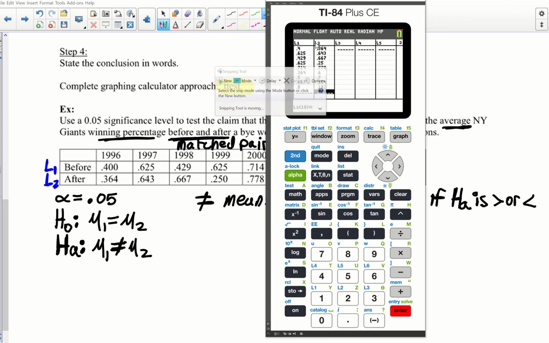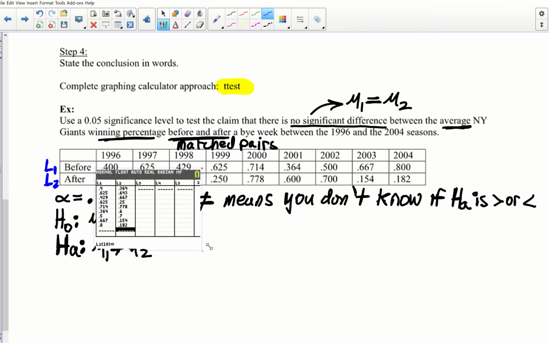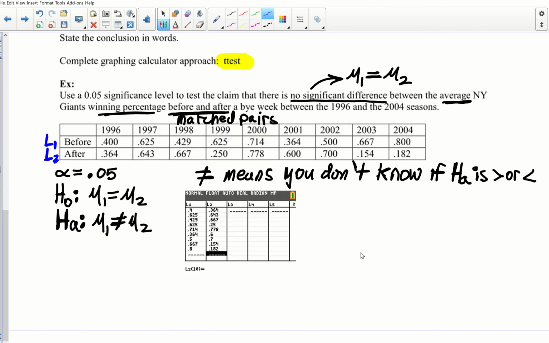Oh, you know what? I was doing it the other way, so let me just do it this way. So again, it's going right in the calculator, L1 and L2, and we're just double checking down the line to make sure we didn't type it in incorrectly.